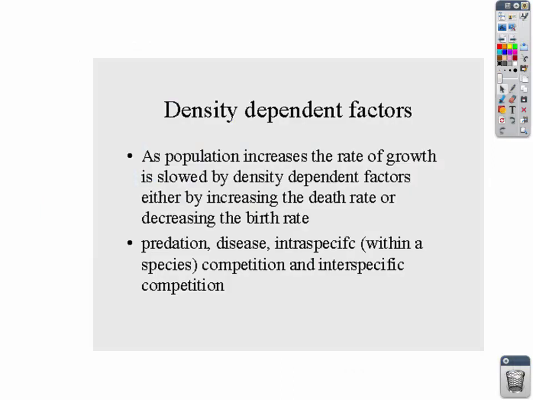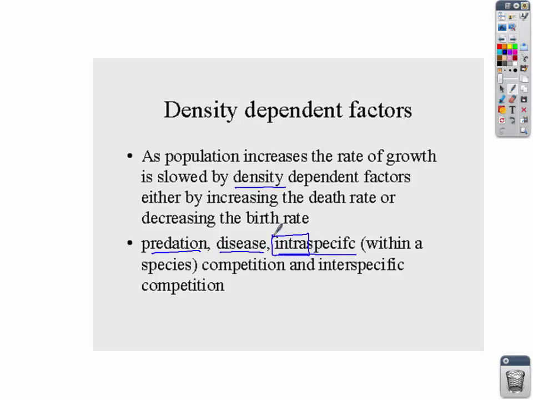Okay, so here are the density-dependent factors. For those of you who like definitions, these are the things that will bring a species back down after overshooting carrying capacity and then keep that species population close to the carrying capacity. Things like predators, disease, intraspecific competition. We might have talked about that already.